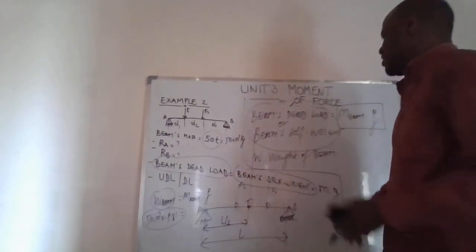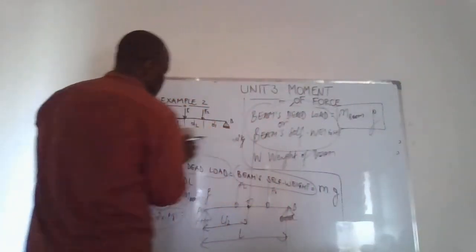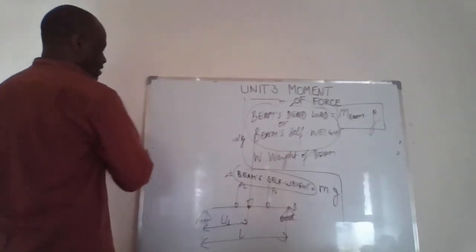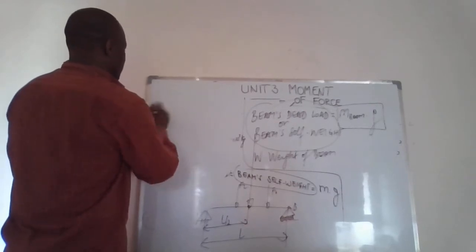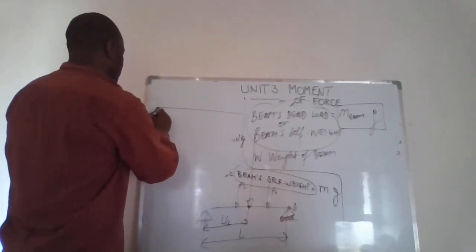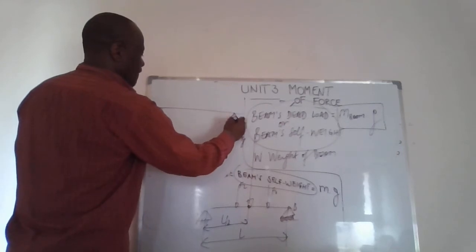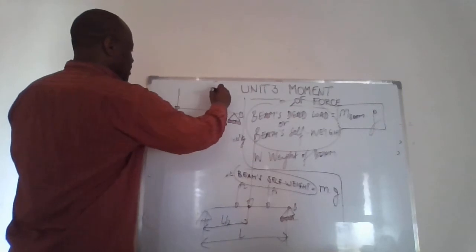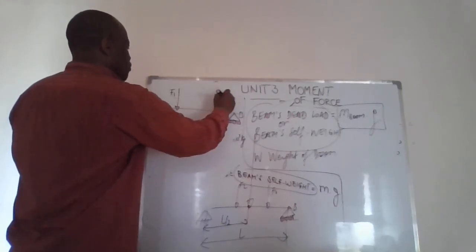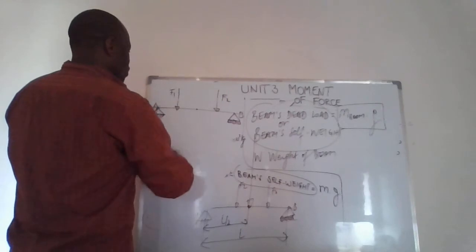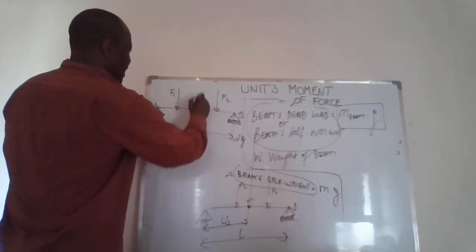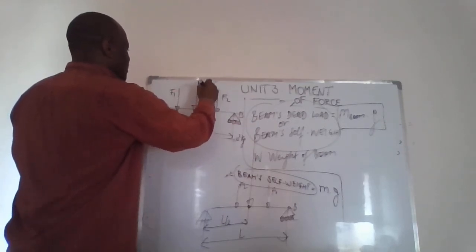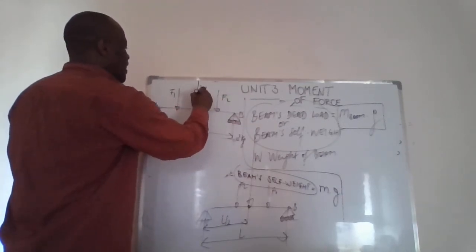Now, once you place this, we'll have a situation like this. We have our beam on the supports A and B. We have the loads which were given previously, F1 and F2. The beam's dead load will always be at half of the length. That's the weight of the beam or the dead load.